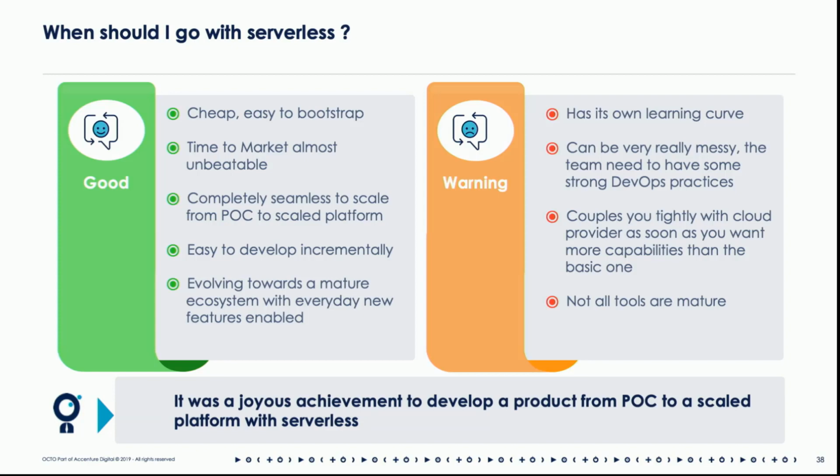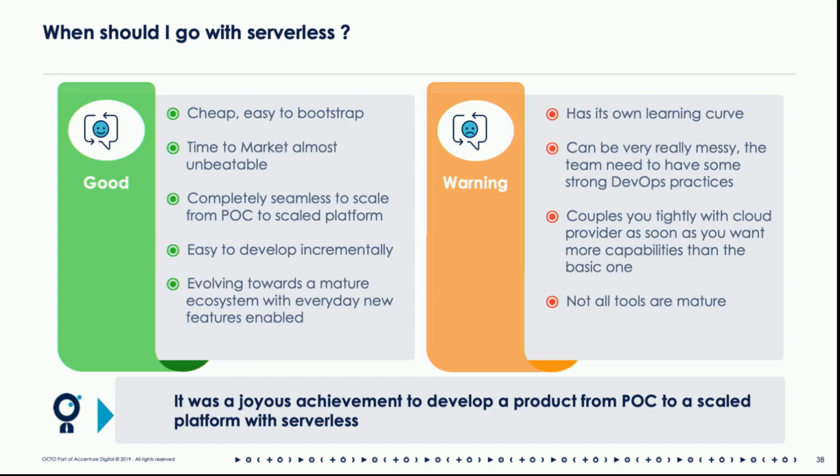Now, a few key takeaways. As a developer, when should I go with serverless architecture? On the bright side, at least for us, it was cheap and easy to bootstrap, so perfect for an MVP. Because of that, the time to market is quite unbeatable. We didn't see any problem scaling from no users to a few hundred.